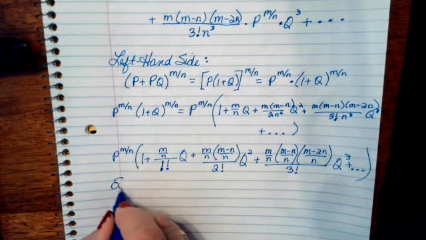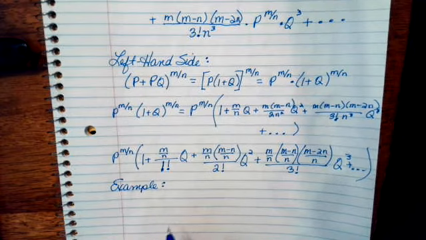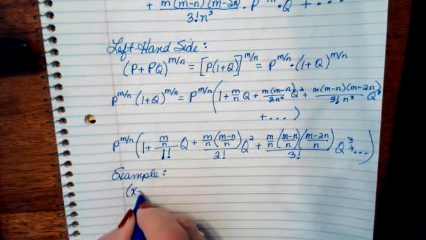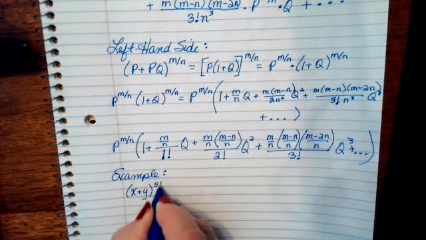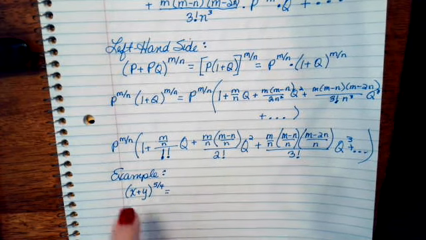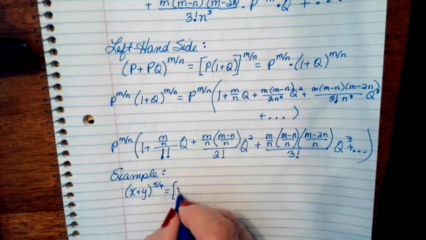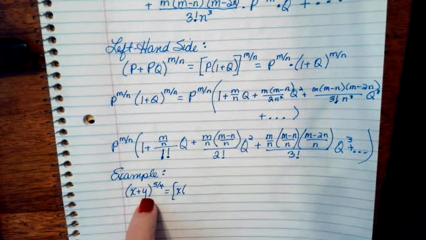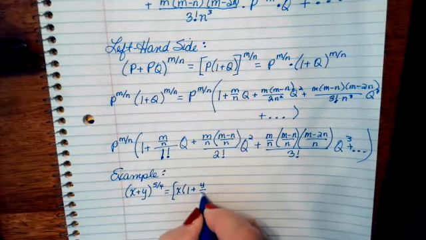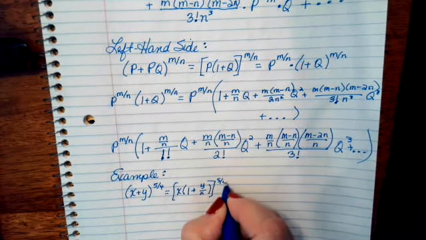So if he wanted to, here's an example. X plus Y to the 5/4 power. Here's what he did. Inside those parentheses, he factored out an x and rewrote that as x times 1 plus y over x. All of that is raised to the 5/4 power.